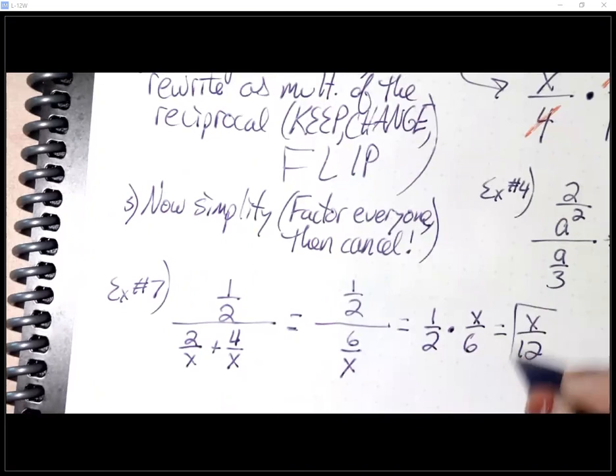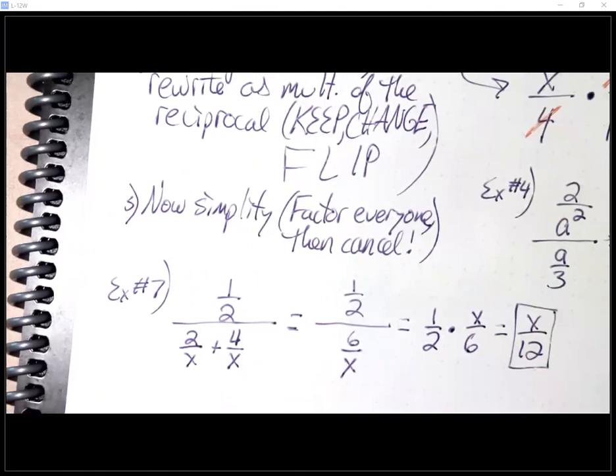Okay, let's step it up a notch. I actually don't want to do 8 just yet. 8 is a little bit tougher. Let me start off with number 10. 10 looks okay.